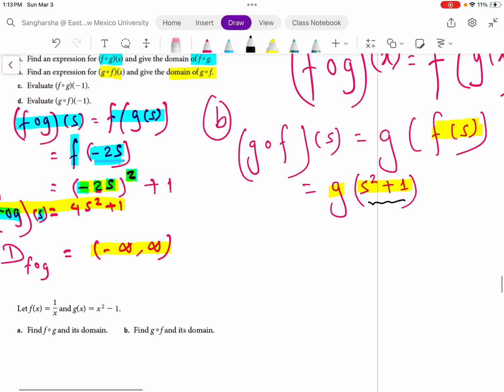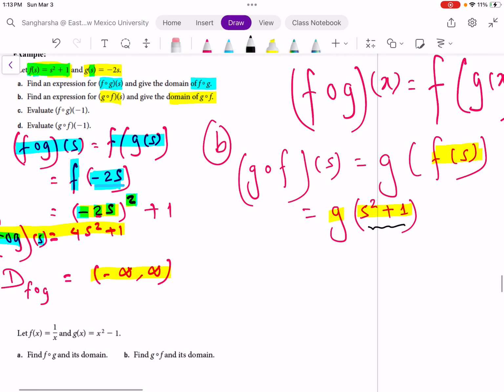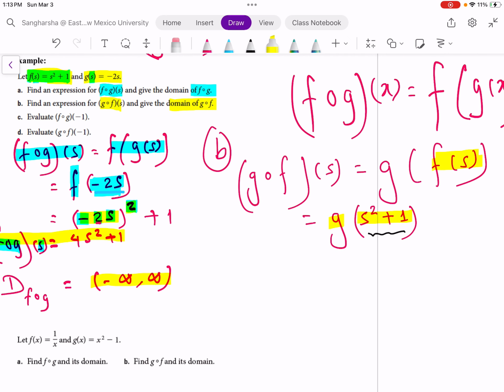If we go back, our function g is negative 2s. So let's substitute s squared plus 1 for every s in our g function. We have negative 2 times s squared plus 1.